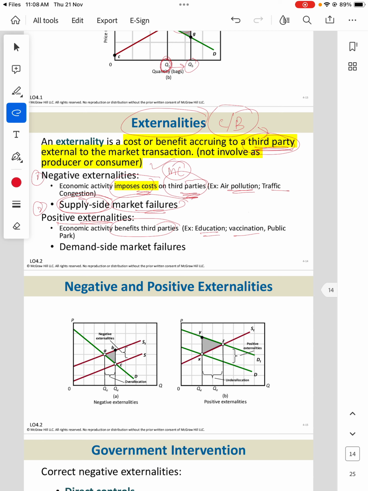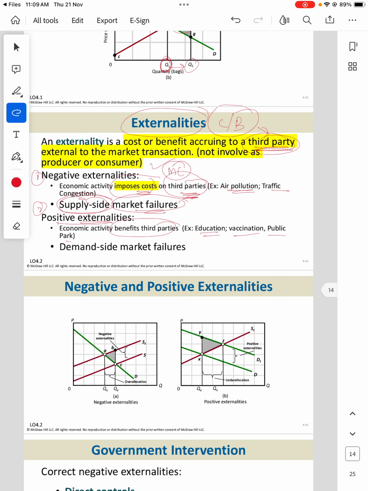Vaccination: those who have vaccines are less exposed to disease, so it contributes towards public health. And a public park: if we manage the public park well, it will increase the value of the housing around it, which benefits the third party.